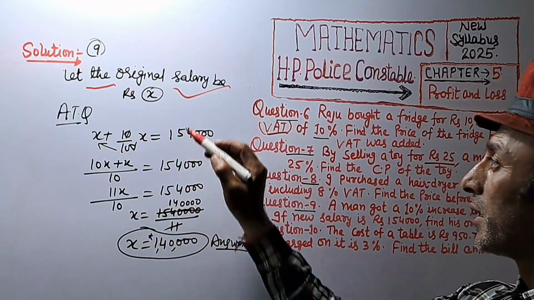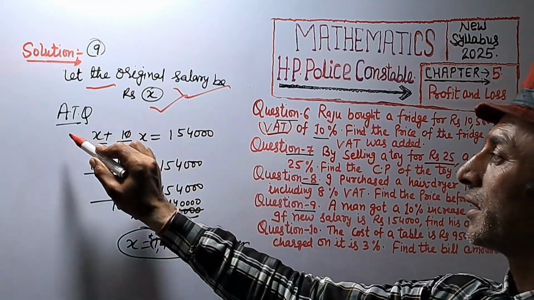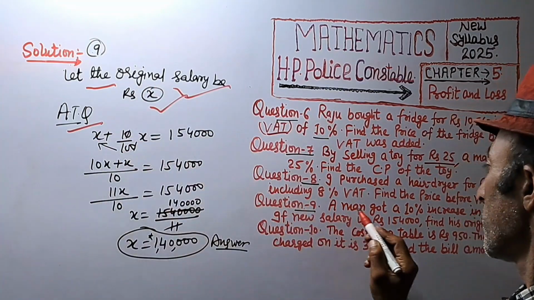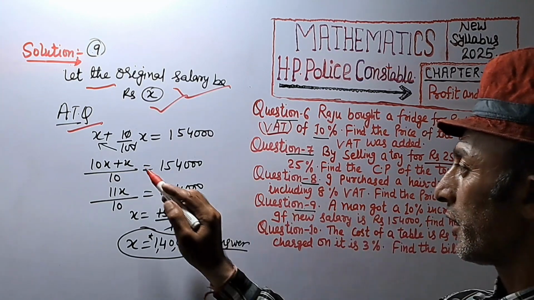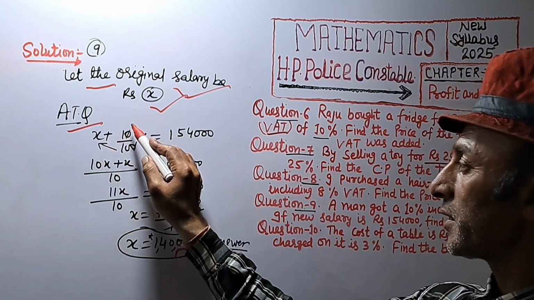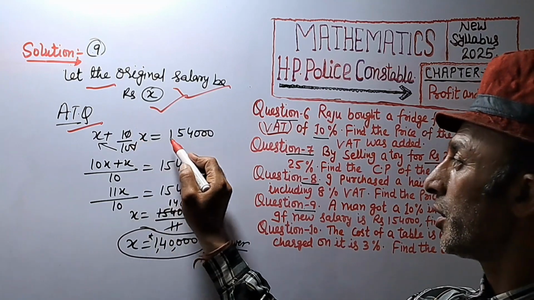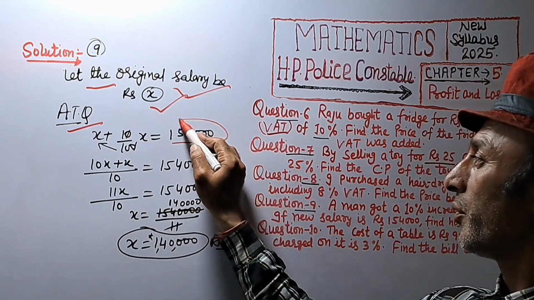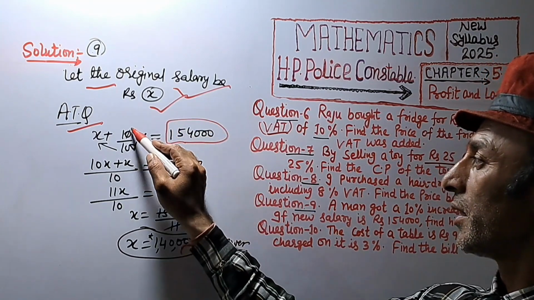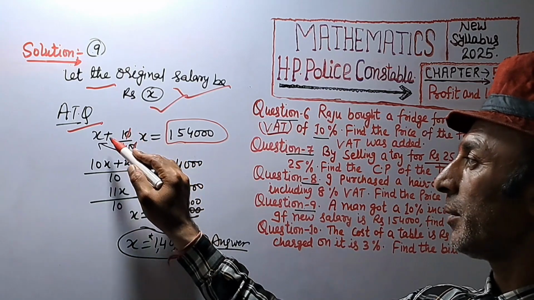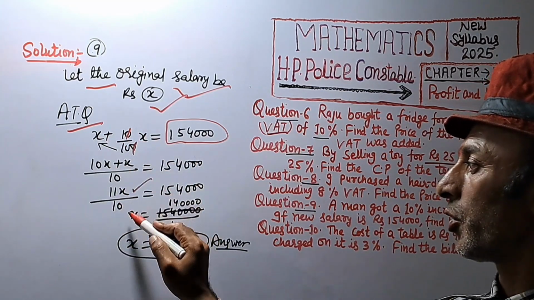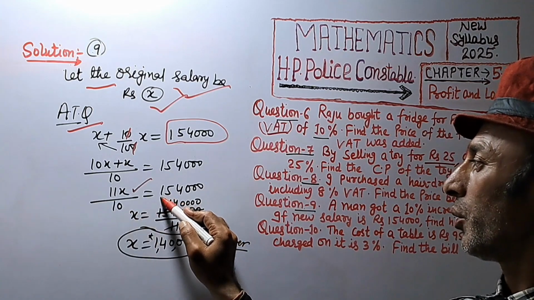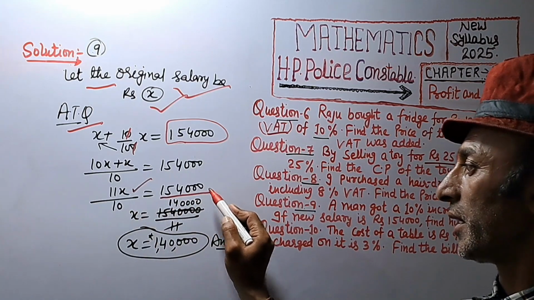Let the original salary be rupees X, and according to the question, 10% increase in his salary. X plus 10% of X equal to 1,54,000. 0 is cancelled. 10 multiplied by X is 10x plus 1x, that is 11x upon 10 is equal to 1,54,000.